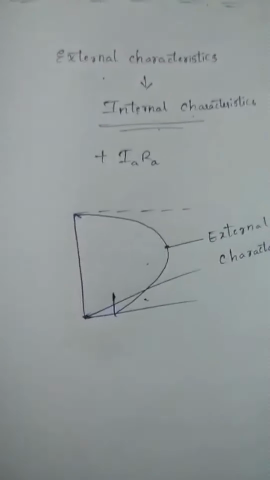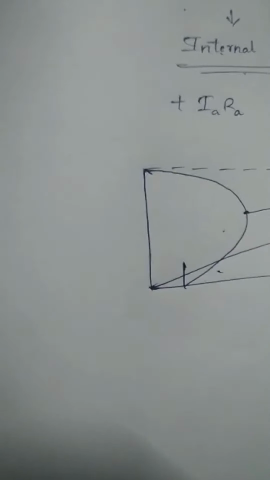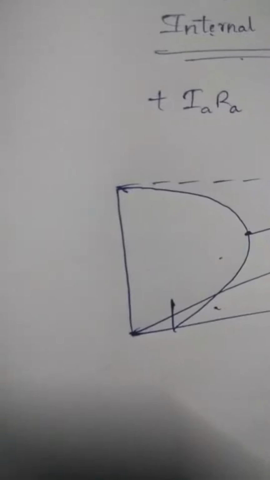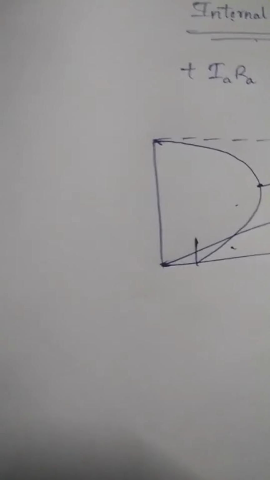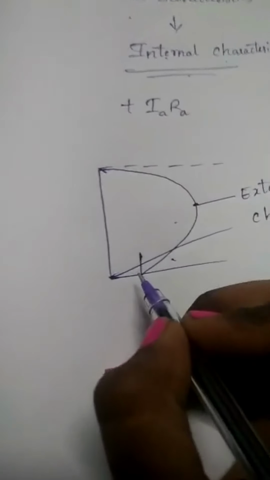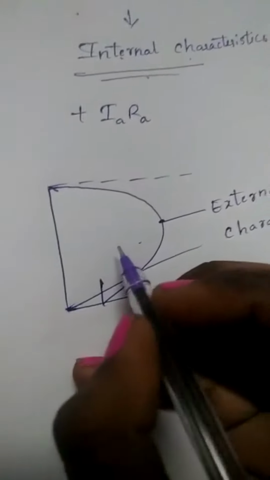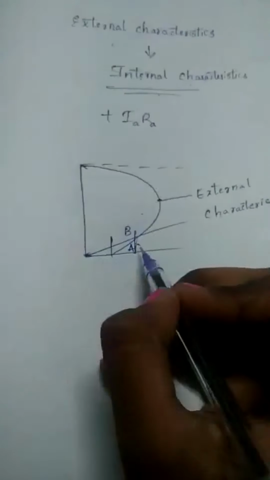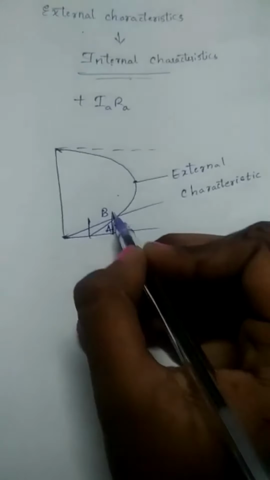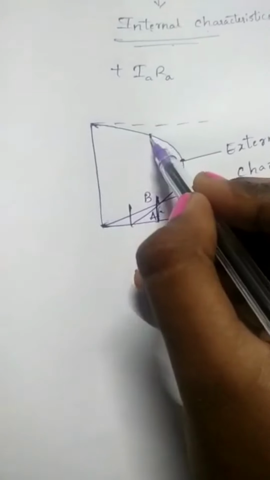As we know, to get a point on the internal characteristic, the armature resistance drop is added to the terminal voltage. So we should add to the terminal voltage here AB, that is, this is A and this is B. So here AC is the terminal voltage.